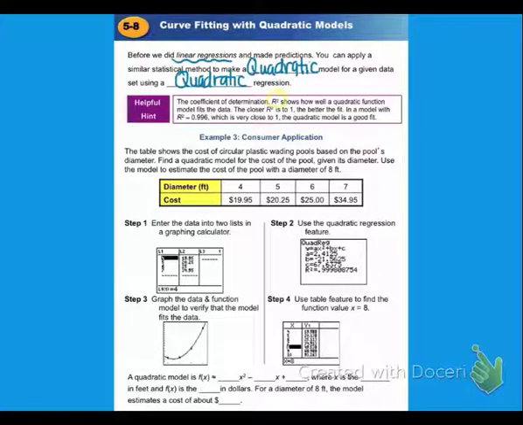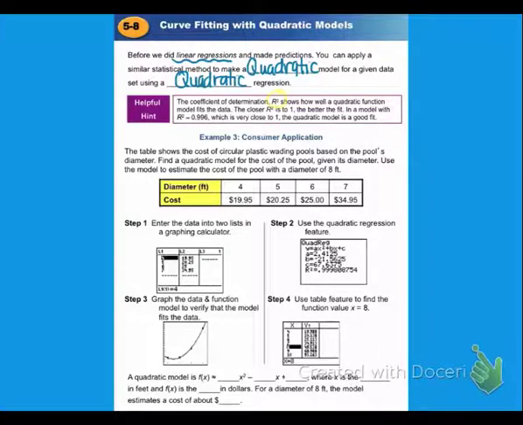So it's not the correlation coefficient R that we want to use, we want to use R squared. A lot of you asked me about R squared when we were doing linear regression, and I said don't worry about that, we'll use that for quadratic functions. So the coefficient of determination, R squared, shows how well a quadratic function model fits the data.